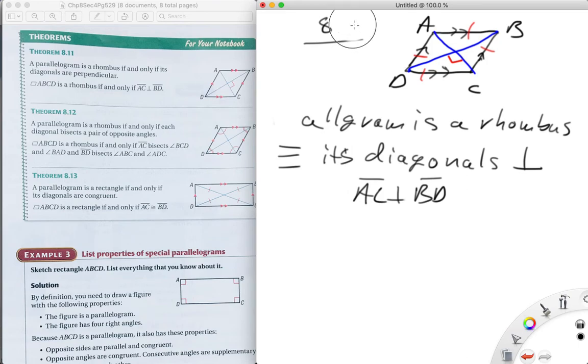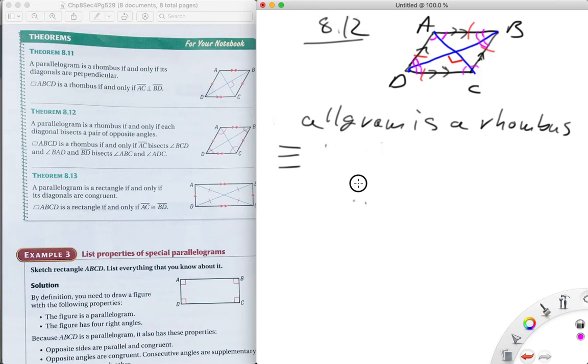Okay, so Theorem 8-12 says that a parallelogram is a rhombus if and only if diagonals bisect a pair of opposite angles.